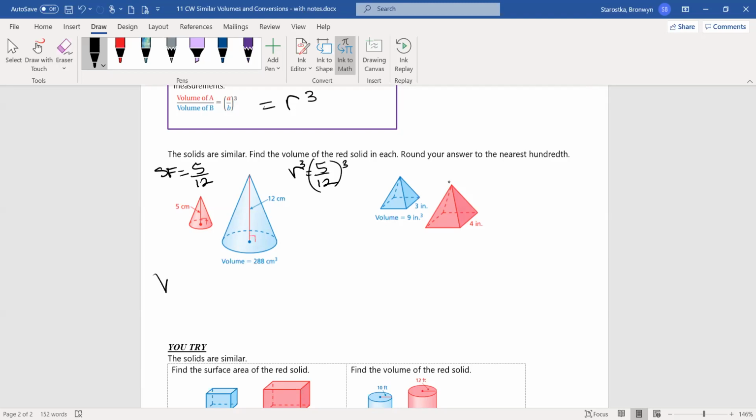So our volume is going to be that 288 times the ratio 5/12 cubed. And that's going to give us a volume of 20.83 centimeters cubed.